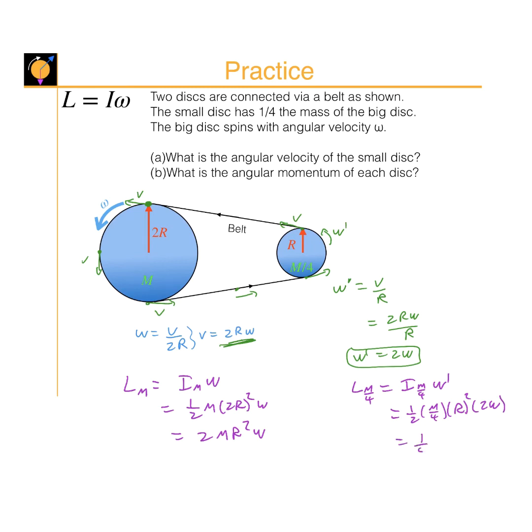And I end up with 1/4 mr squared omega. So you notice that this one has 8 times more angular momentum than the small one. Even though the smaller one is moving faster, the larger one has a lot more mass. And so that's sort of the relationship between those two objects.